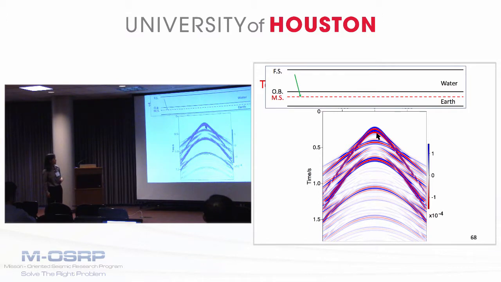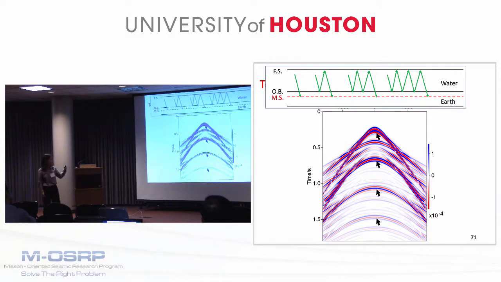You have the direct wave, the wave with 1-time reverberation in water, and 2-time and 3-time reverberations in water. Then all of them will be collected by the receivers right after they transmit into the earth layer. You can see all these events are actually downgoing, and they do not experience the earth's reflections.